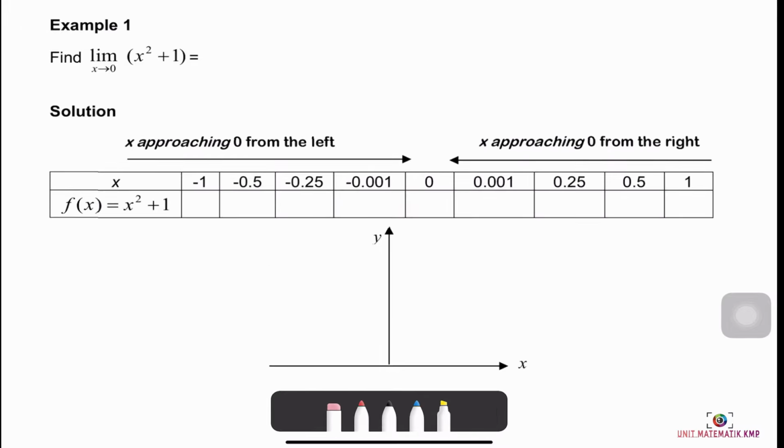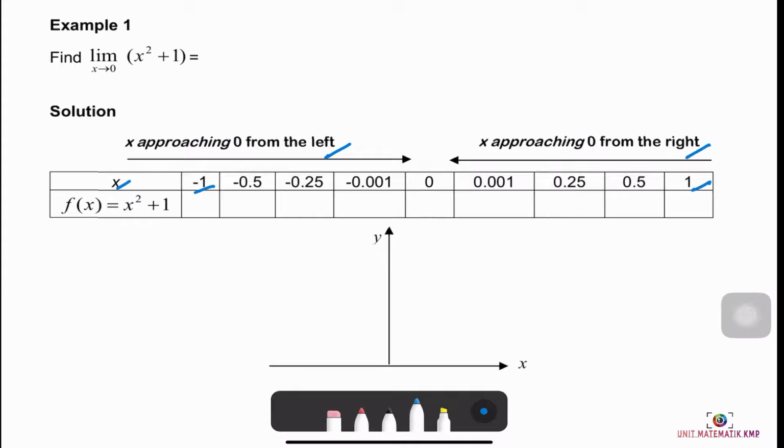Example 1, find limit x squared plus 1 when x approaches 0. To solve this question, we have here x approaches 0 from the left, and this one x approaches 0 from the right. So we have a table here, and we have different values of x, from -1 to 1. What we do with these values is, we substitute them into the f function.